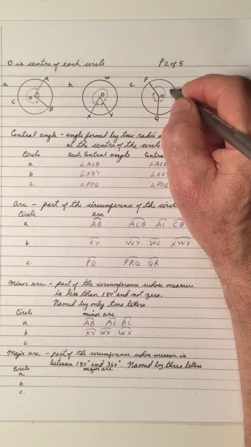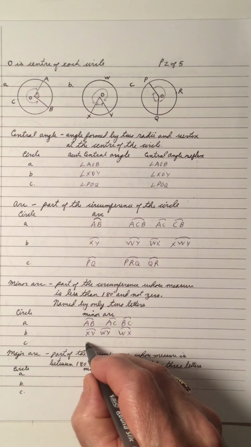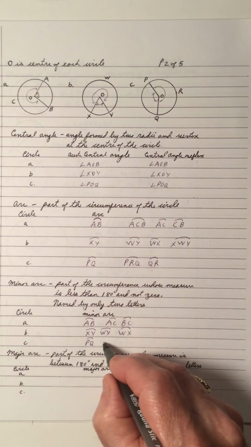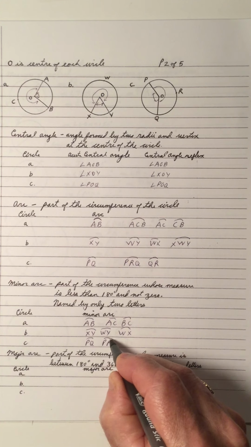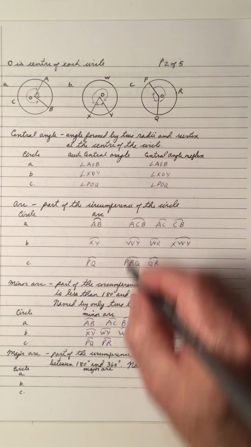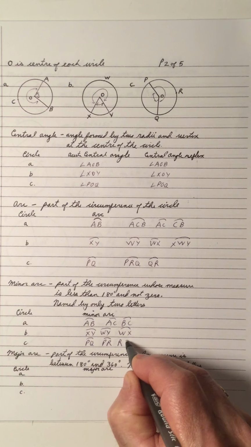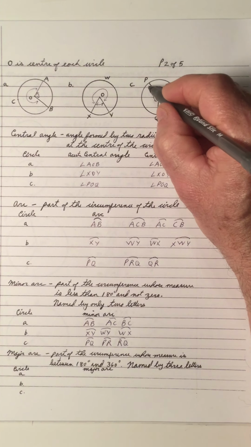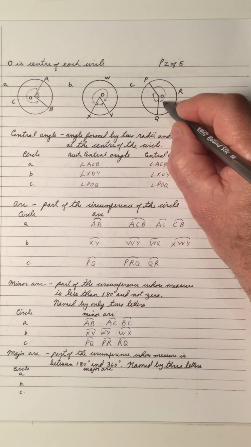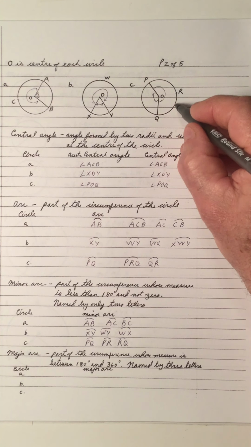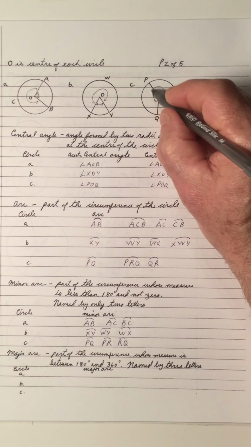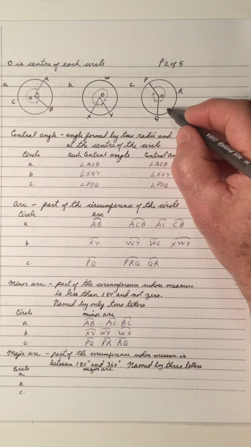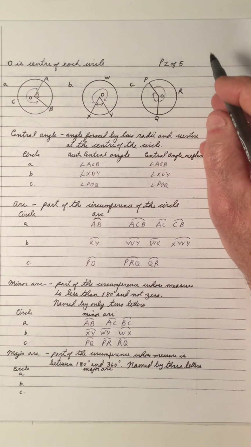And in circle C, a minor arc could be PQ, it could be PR, or it could be RQ. But I can't use this one because, if you draw this diameter straight across here, then this arc is straight across, 180 as far as here, and a little bit more. So that makes it what we call a major arc.